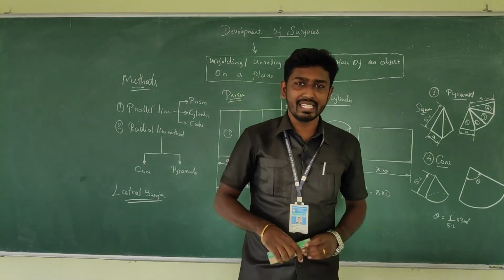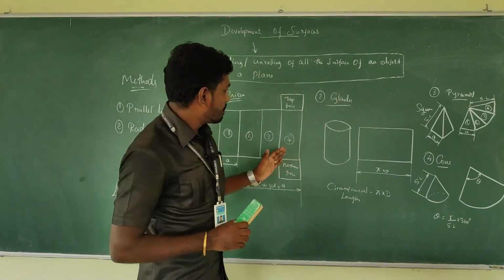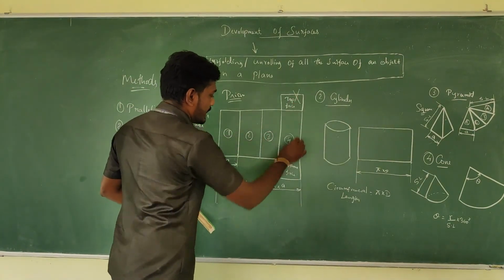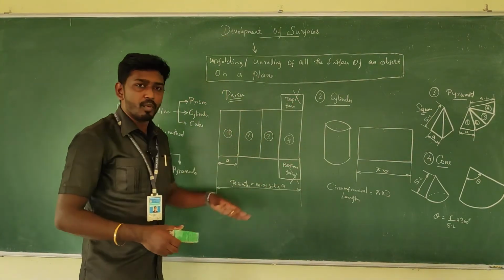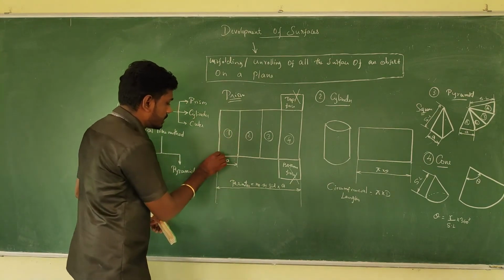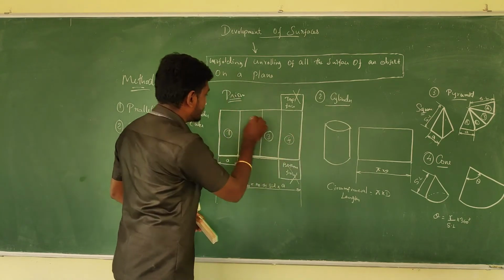What do you mean by lateral surface? Lateral surface in the sense is the development of any of the object without the top or bottom face. The object which is developed, we can call it lateral surface.